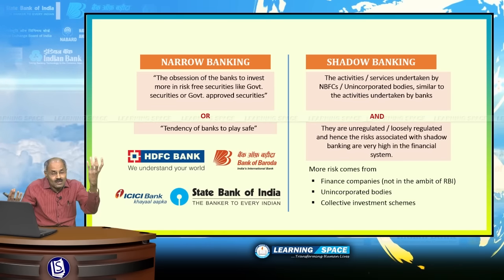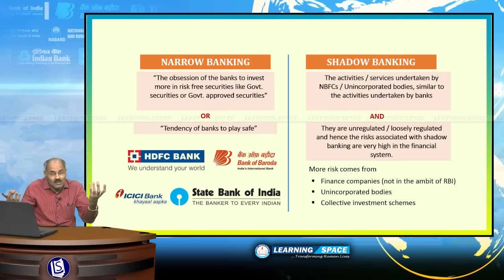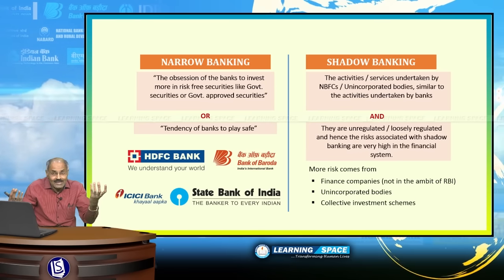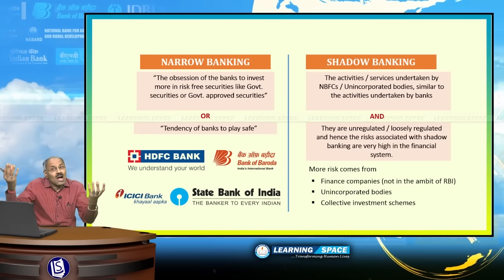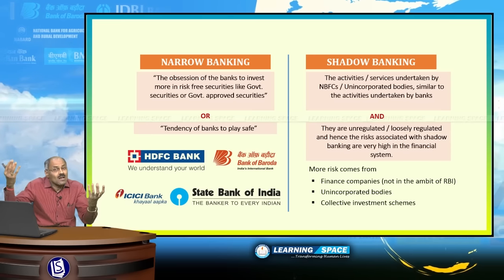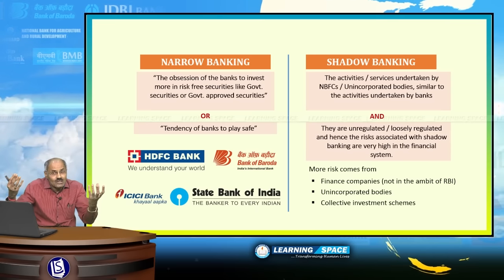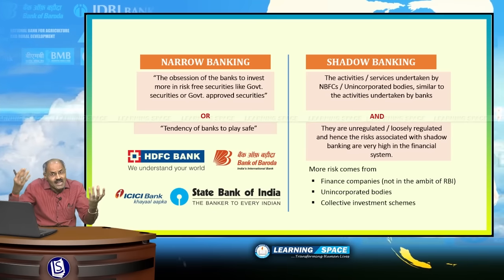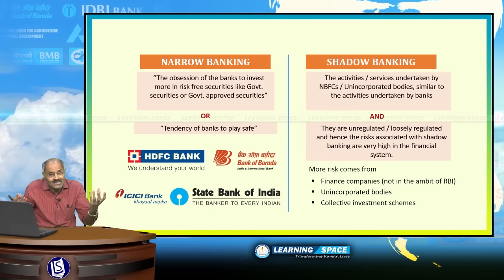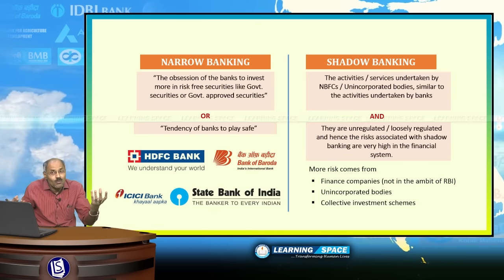Whatever the banks are doing, except some operations like demand deposits, these non-banking financial companies are also doing. So that is why the operations undertaken by non-banking financial companies are known as shadow banking.